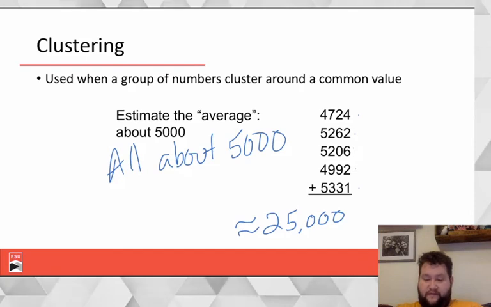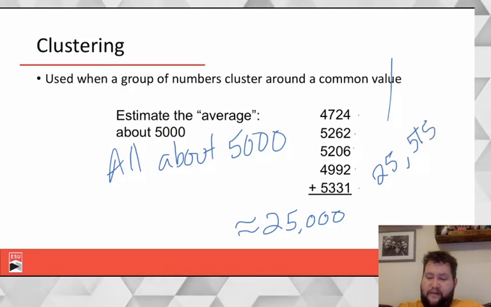So we have 4,724 plus 5,262 plus 5,206 plus 4,992 plus 5,331 is, and it is 25,515.